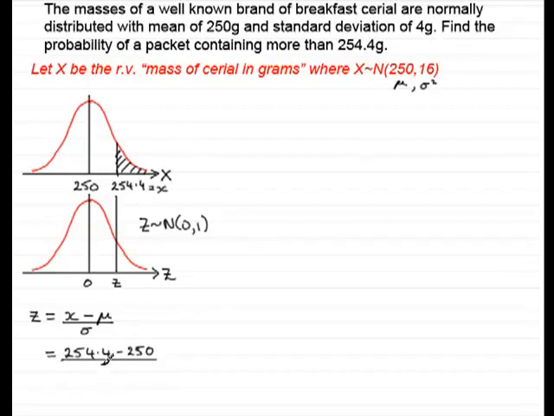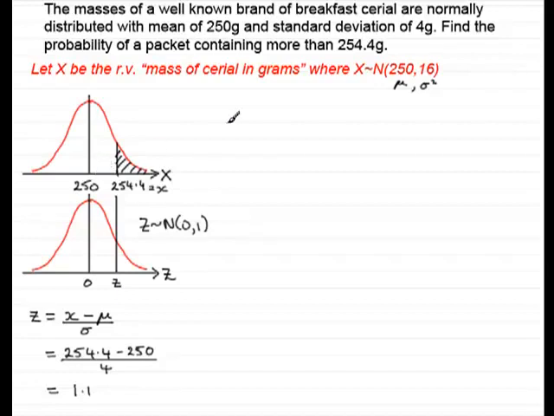If you work that out, what you should find you get is 1.1. So what that means is that this value here is 1.1 standard deviations above 250, the mean.